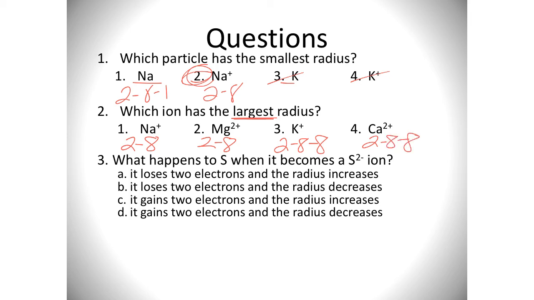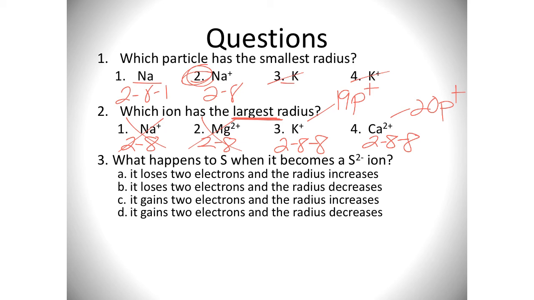So 2 of our choices have 2 electron shells, 2 of our choices have 3 electron shells. So the ones with 3 electron shells are going to be larger. Now our tiebreaker is protons. Potassium has 19 positive protons. Calcium has 20 positive protons.